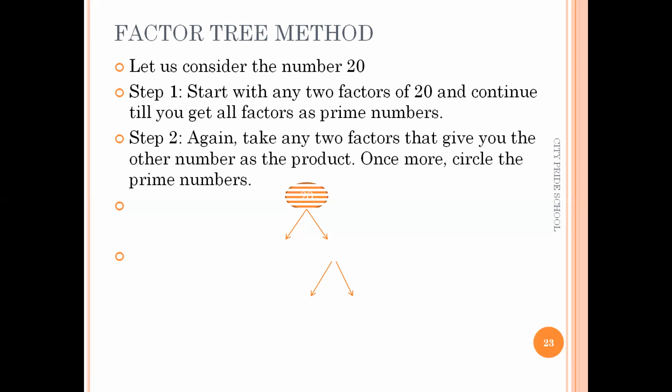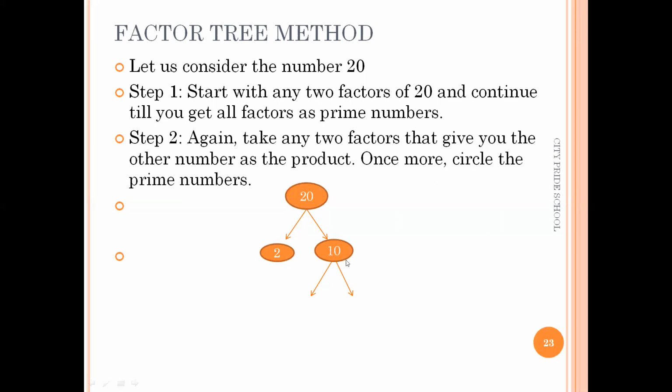Like let's take 20. Now consider whether it is divisible by 2 or not, because 2 is a prime number, right? So yes, it is an even number, it is divisible by 2. So when we divide it by 2, we get 2 tens are 20 and one prime factor we get. 10 is not a prime number, 2 is a prime number, so leave it.